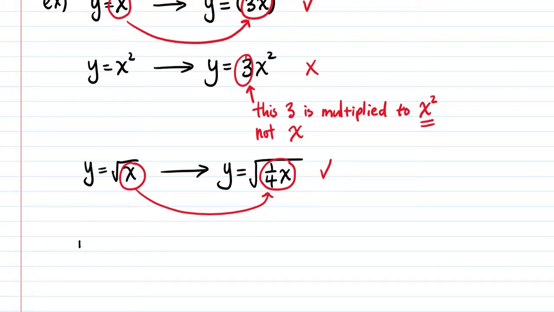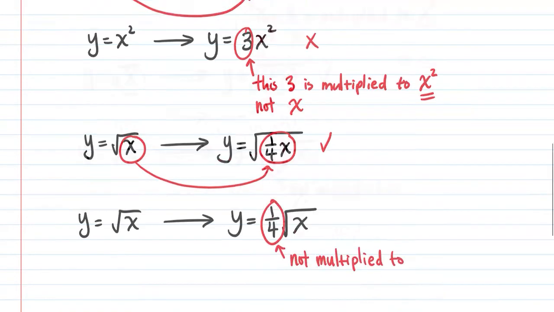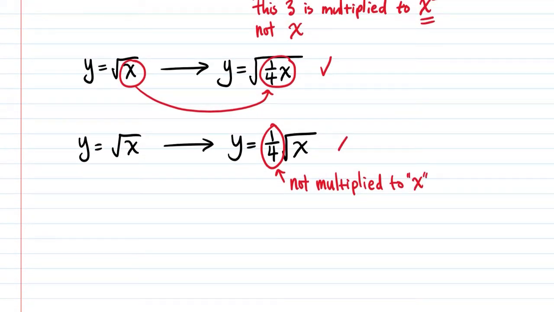And once again, if you have y is equal to 1/4 square root of x, this 1/4 is not multiplied to the x itself, it is multiplied to the square root of x. This is not the right form for horizontal expansion or compression.